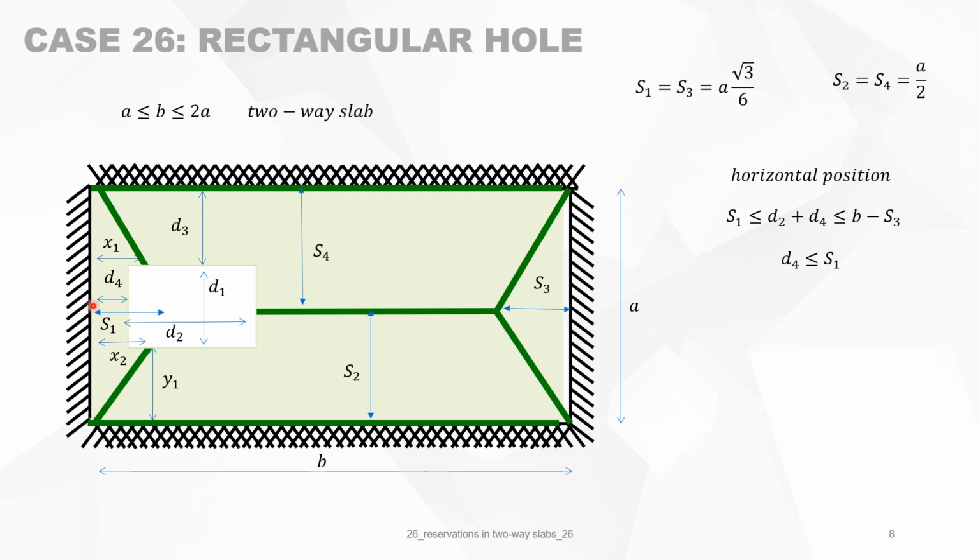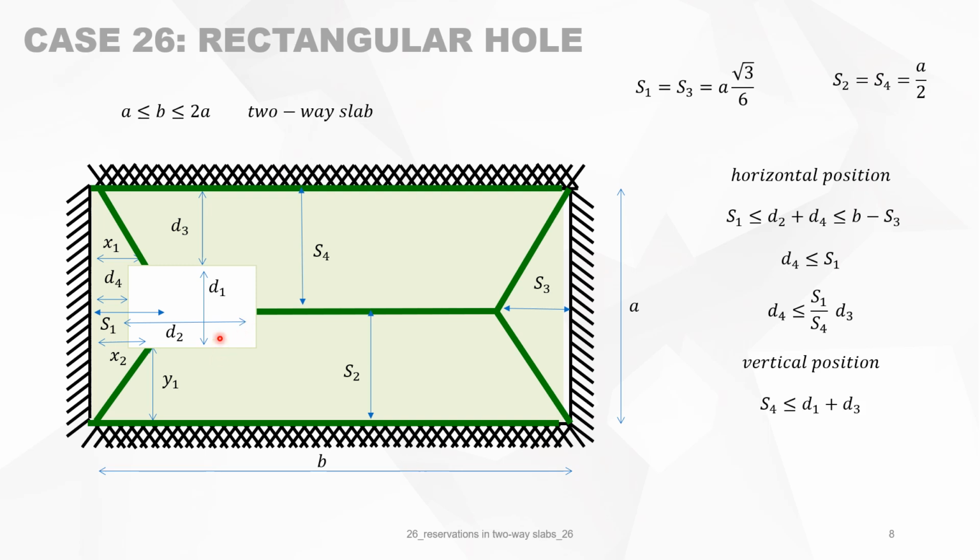Also, D4, of course, must be smaller than S1, and the tip of this reservation must be on the left-hand side of the slope of this yield line, which is S1 over S4. So D4 must be smaller than S1 over S4 times D3. Then we get the vertical position.